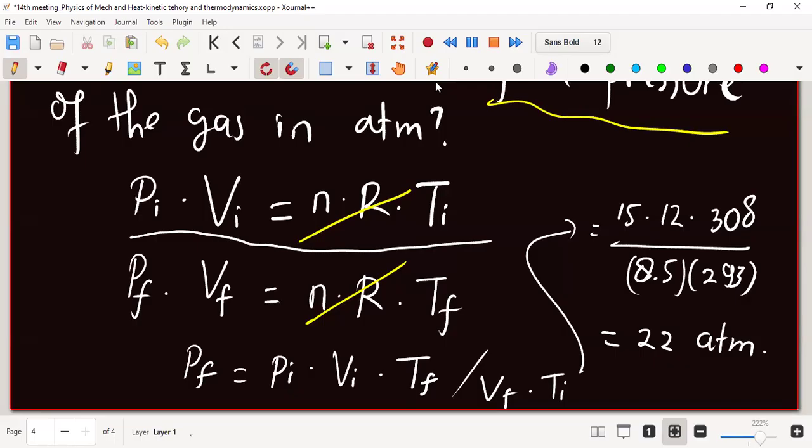But here I will emphasize the derivation of the formulation.